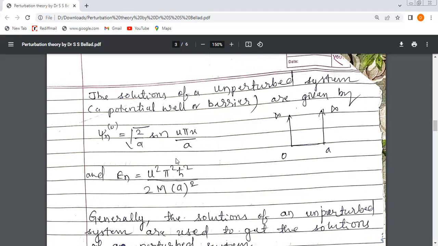So these two are the solutions obtained by the Schrodinger wave equation. This is the eigenfunction and this is the eigenvalue.